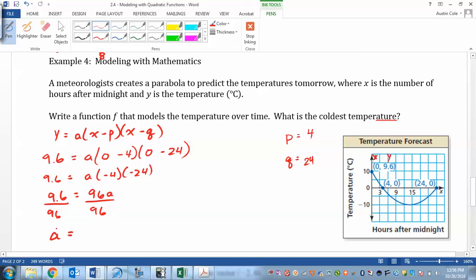It's 9.6 divided by 96, which is 0.1, that's just 1/10. Okay, so our function is going to be f of x equals 1/10 times (x minus 4)(x minus 24).